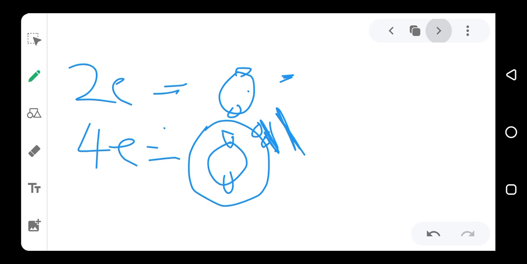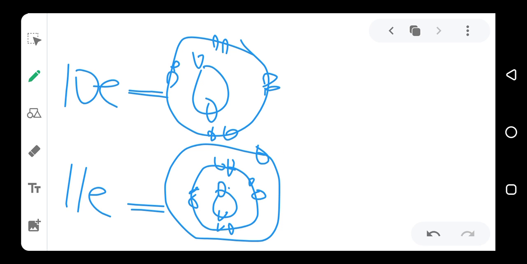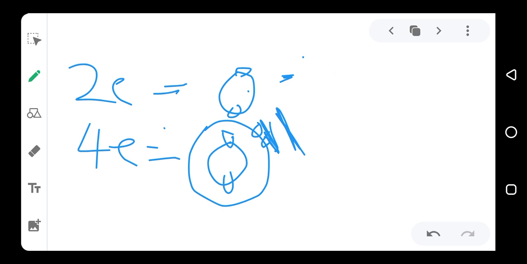Now for this one, it has 10 electrons, but 8 is the valency here because we have 8 electrons in the outermost shell, in the last shell. So for here, valency equals 2.